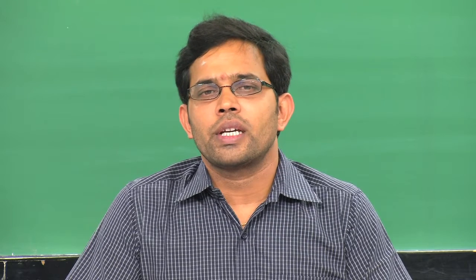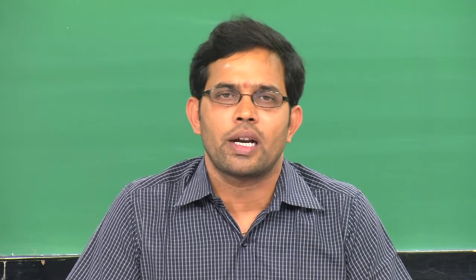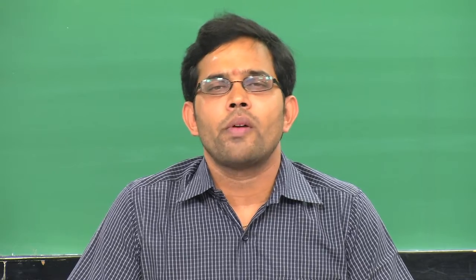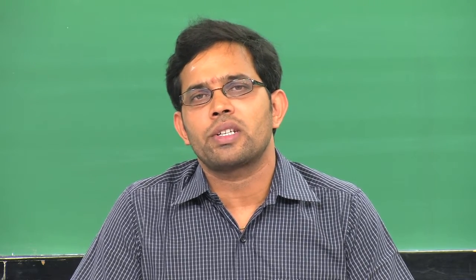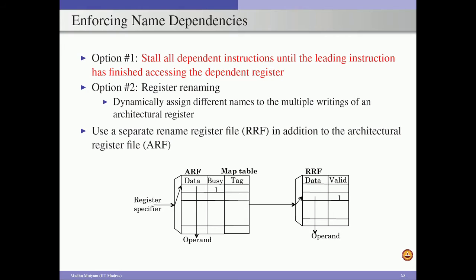Now, we need to come up with a mapping between architectural registers and the rename registers, which we are going to discuss in the coming files, but this diagram gives a pictorial representation of how the mapping is going to happen between the architectural register file and the rename register file.